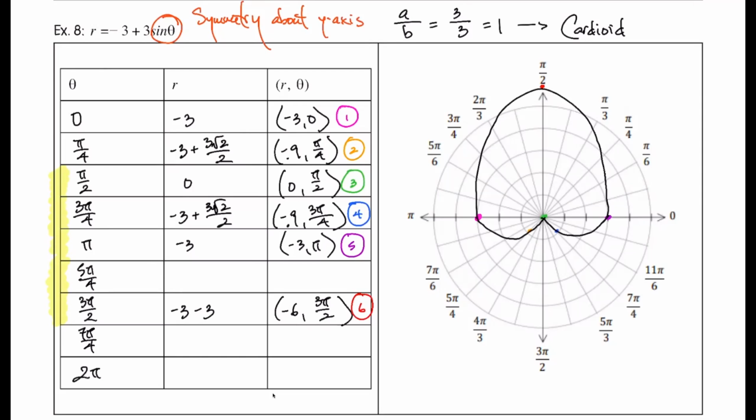If I had graphed those points, what I would have found is the right half of the heart. If I have the right half of the heart, I can draw the left half of the heart because I know there's symmetry about the y-axis.